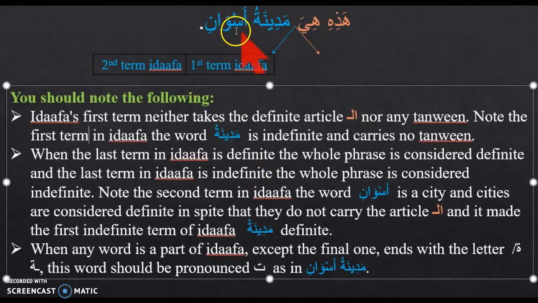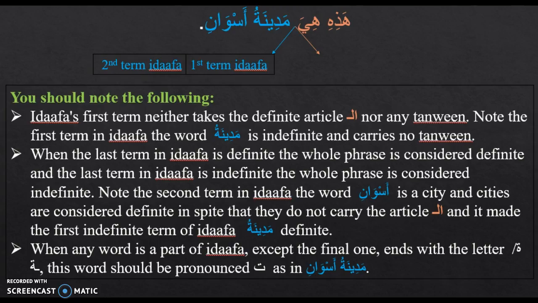This definite noun makes the first noun of the إضافة structure definite. So the rule says whenever the last إضافة term is definite, it makes the first noun definite, like you're seeing here in the example. That's why the translation is the city of Aswan.